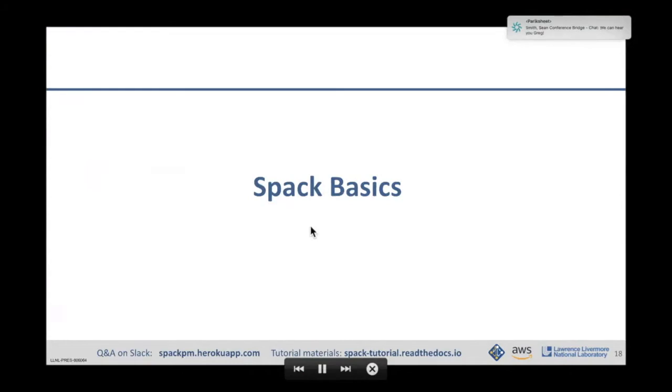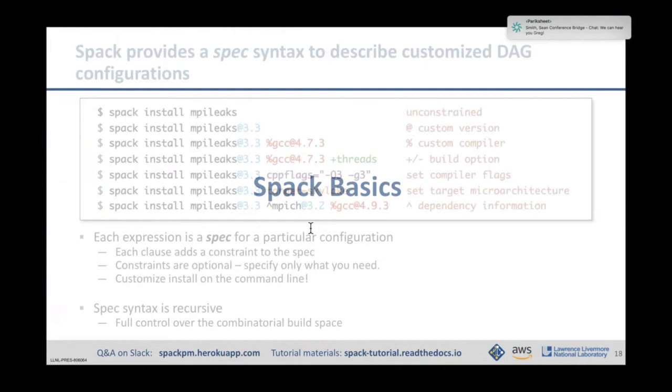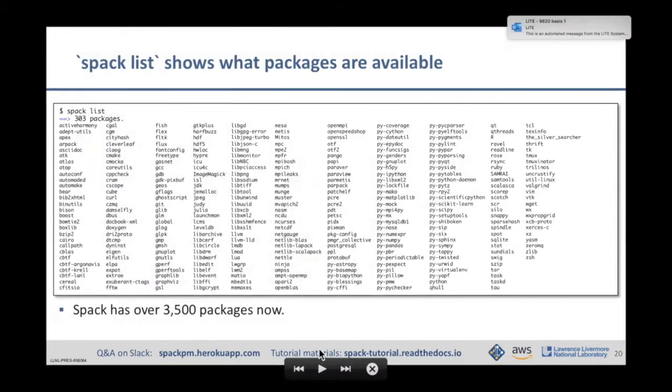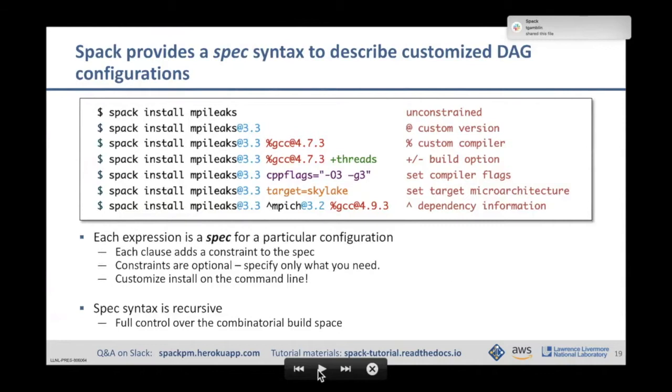So I'm going to talk about basic installation of Spack packages. I'm going to have a couple slides, and then we're going to hop over to the interactive. So Spack provides a spec syntax to describe the configuration of a package. Every package in Spack is modeled as a DAG, a directed acyclic graph.